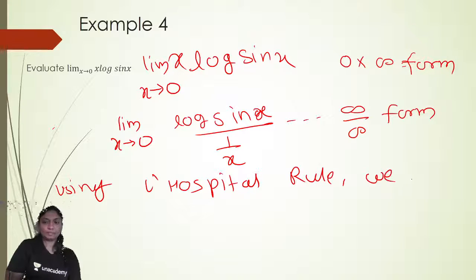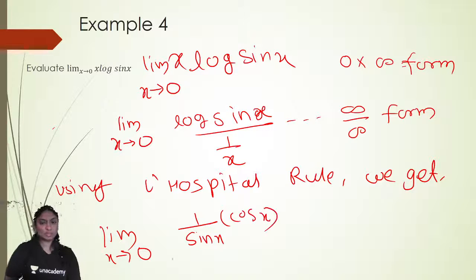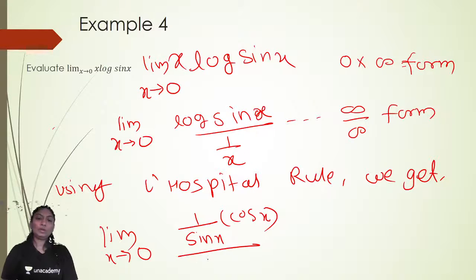we get the limit as x tends to 0 of the derivative of log sin x, which is 1 upon sin x into cos x, upon the derivative of 1 upon x, which is minus 1 upon x square, right?